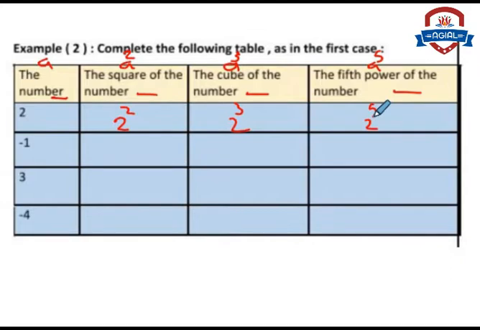The square of the number, -1 to the power of 2, equals 1, the cube of the number -1 to the power of 3 equals -1, and the fifth power of the number -1 to the power of 5 equals -1.